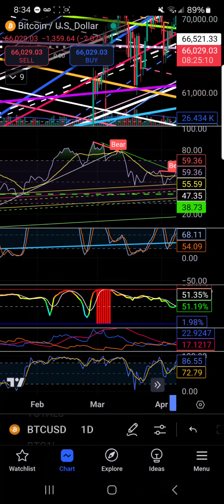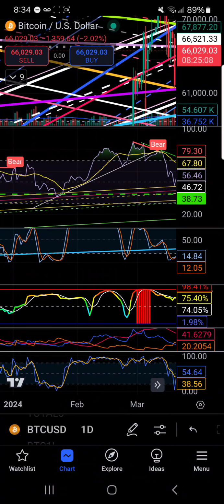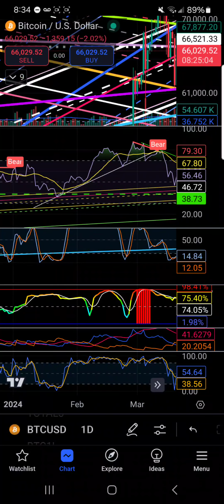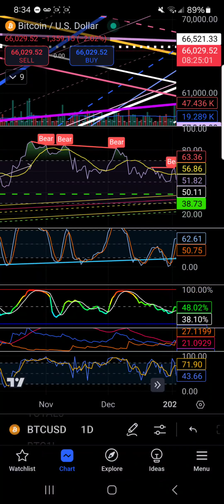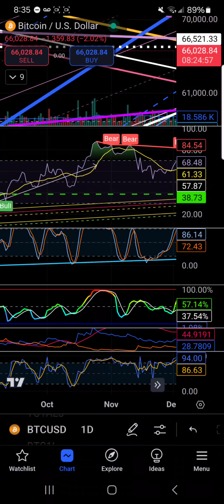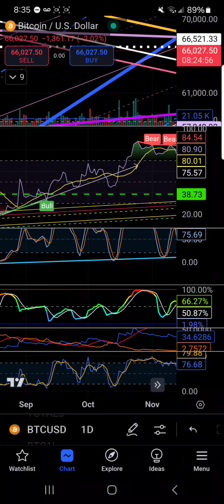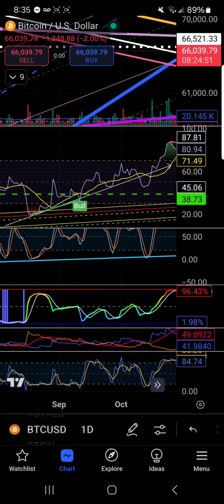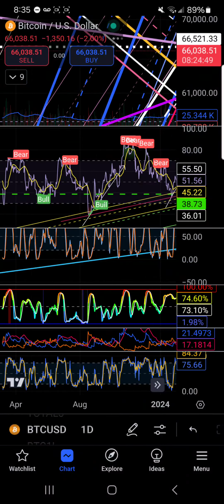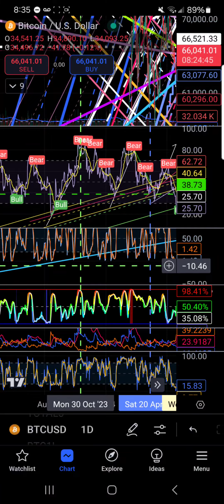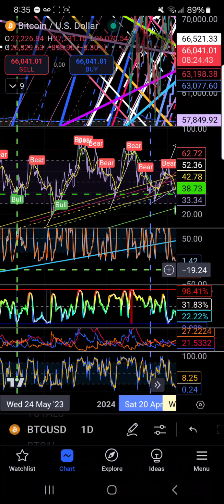That green line is contacting some of these points here of significance. So it's kind of a trending dealio there.